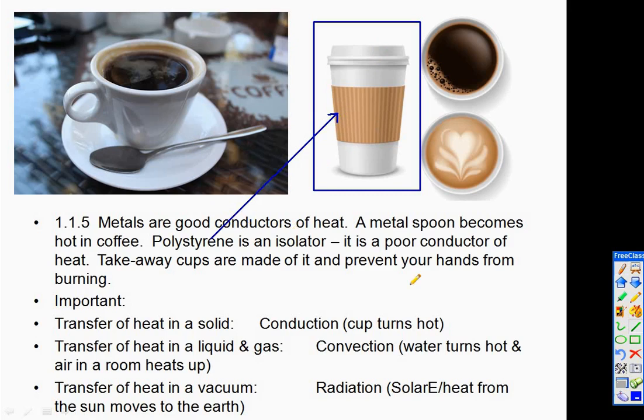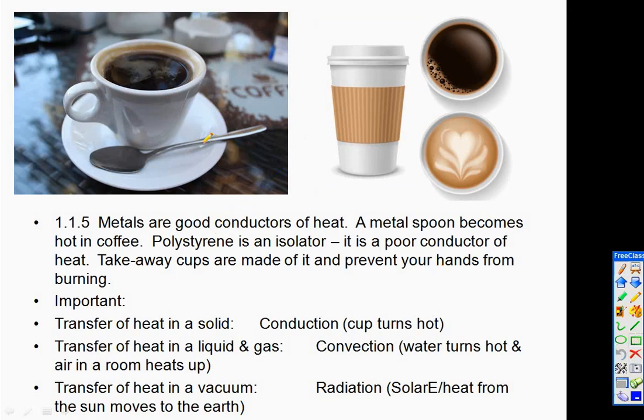Another example of a good insulator of heat is this ceramic cup. Once again, we use ceramic to insulate the hot coffee on the inside from my hand on the outside. But we all know that if you have a metal spoon and I leave the spoon inside this cup, the spoon will become hot and eventually burn my hand.